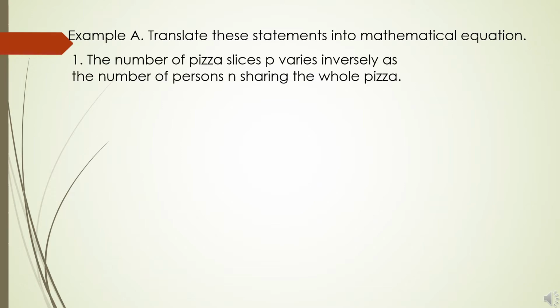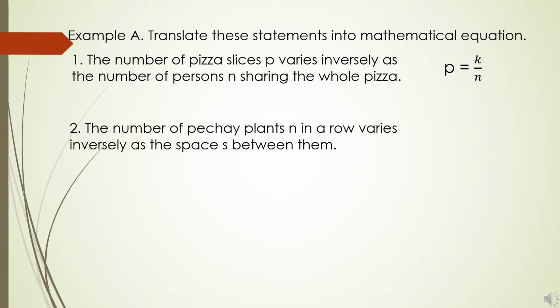Number 1. The number of pizza slices P varies inversely as the number of persons N sharing the whole pizza. So the mathematical equation is P is equal to k over N. Number 2. The number of peach plants N in a row varies inversely as the space S between them.